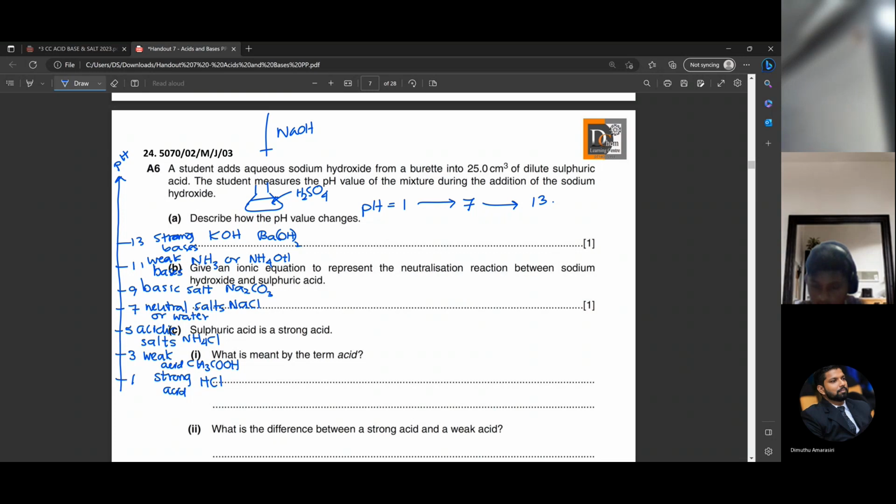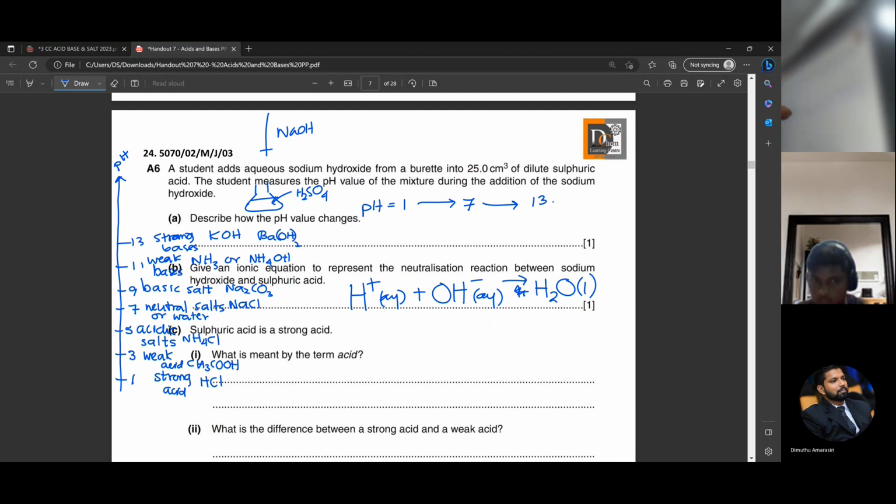Okay. Here is a better way of remembering ionic equations rather than always deriving them. You know sodium hydroxide is a strong base. Sulfuric acid is a strong acid. Therefore, the acid gives H plus, the base gives hydroxide ion, and that will give you what?